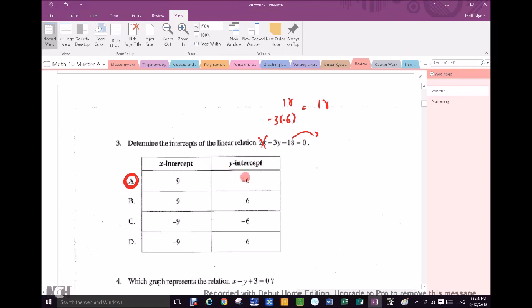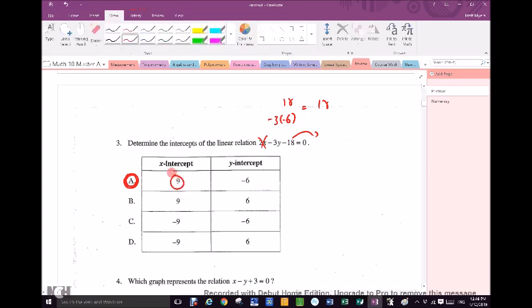Now, the mistake that a bunch of kids in the other class made was they said this was x and this was y. So they went 2 times 9 minus 3 times -6 minus 18 equals 0, which is 18 plus 18 minus 18 equals 0. That's what I did.